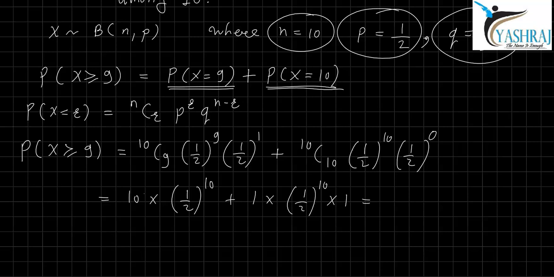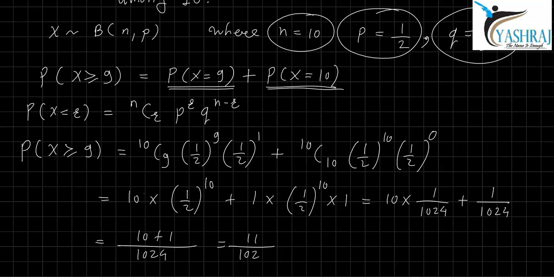So we have 10 times half to the power 10, that is 10 upon 1024, plus half to the power 10, we have 1 upon 1024. So now once the denominator is the same, try to add up the numerators. 10 plus 1 is 11 divided by 1024.